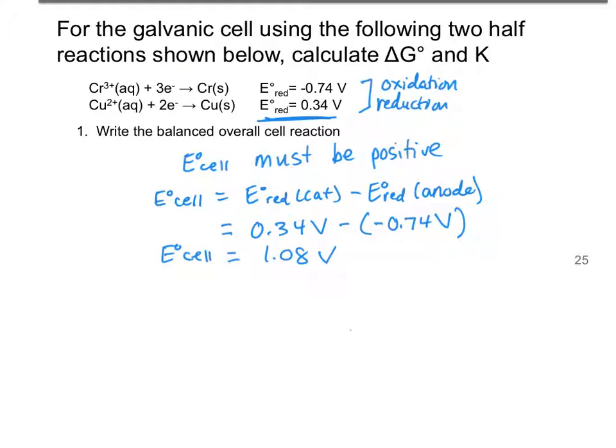So given this, let's rewrite our half reactions with the correct formulations. So we're going to have the chromium solid forming chromium 3 plus, aqueous, plus 3 electrons. So oxidation is loss of electrons, on the product side.